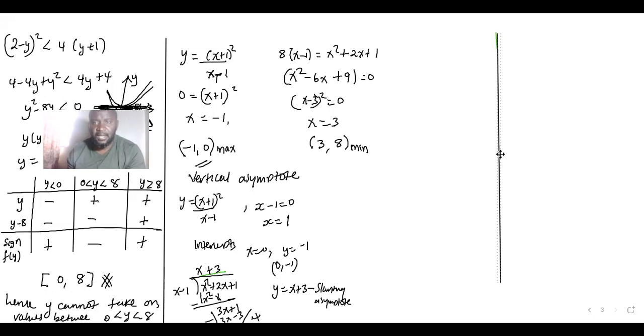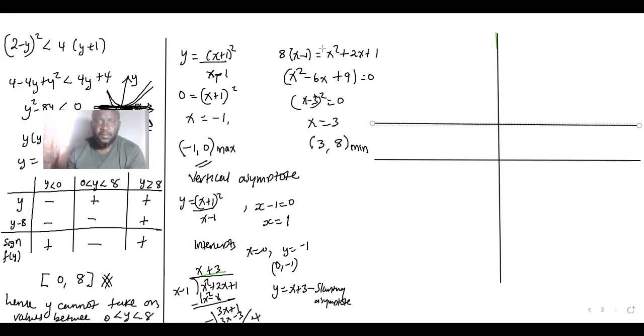If this is our curve, this is our asymptote, which is a vertical asymptote. Now, let us first note these items. Don't worry, in sketching, you don't need a ruler.